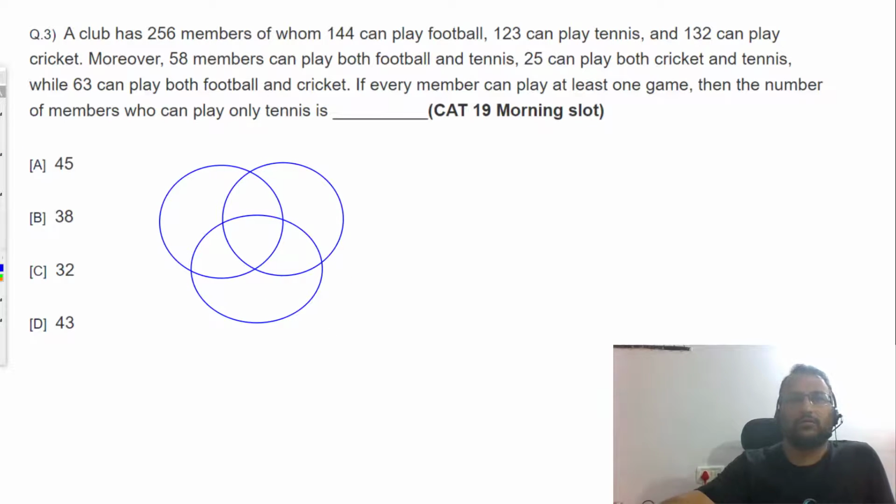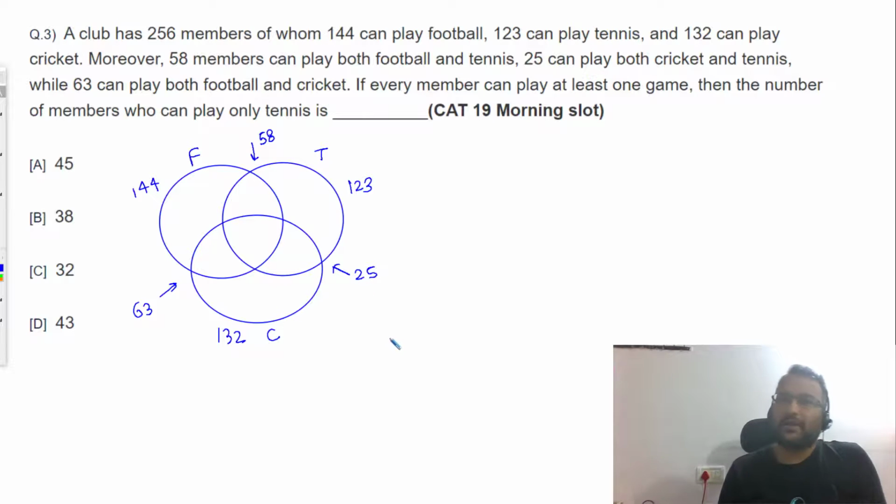So over here, this is football, this is tennis, and this is cricket. This is 144, this is 123, this is 132. 58 is football and tennis, and then 63 is football and cricket, and then 25 is cricket and tennis, everyone.